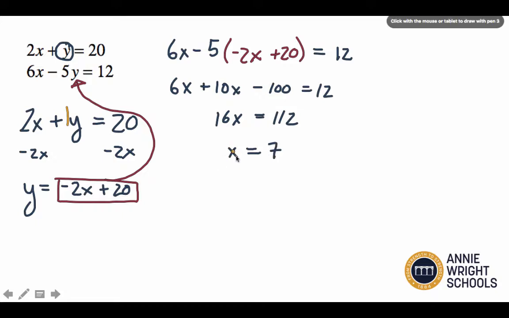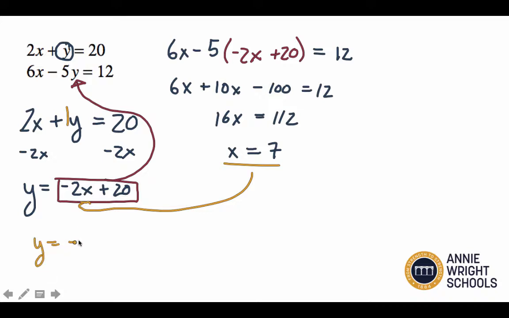Now we take that and we put this in over here, because this tells us what y is if we know what x is. So that's negative 2 times 7 plus 20. That's negative 14 plus 20, or y equals 6.